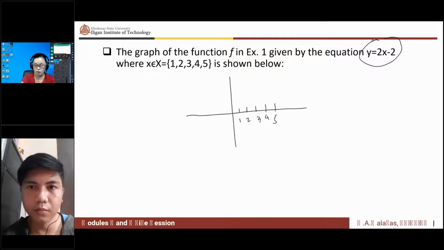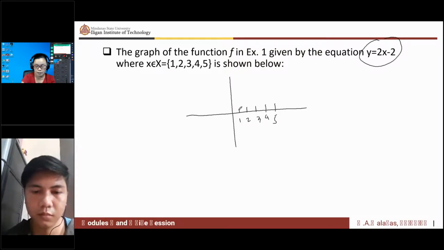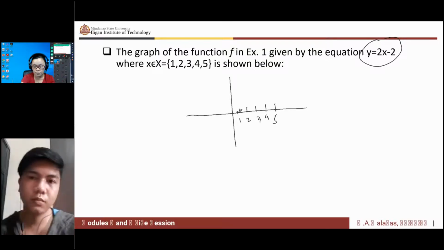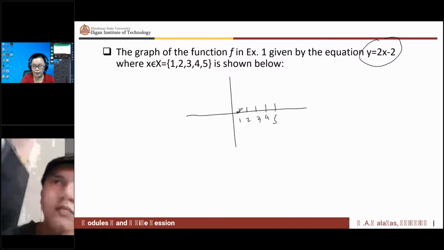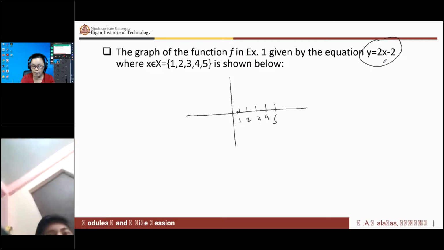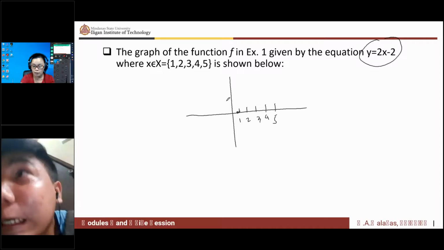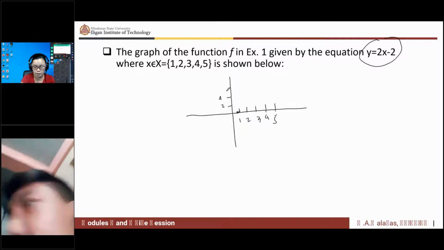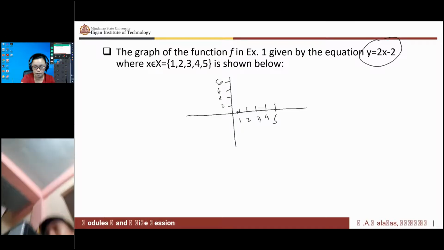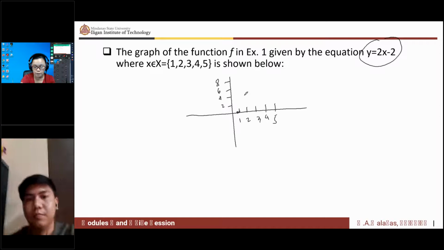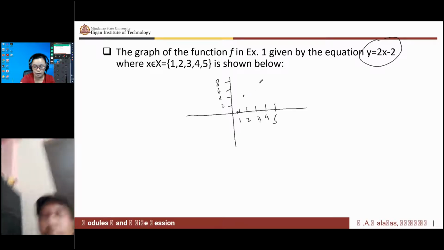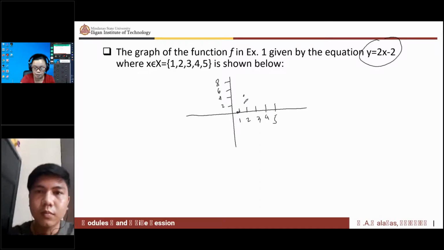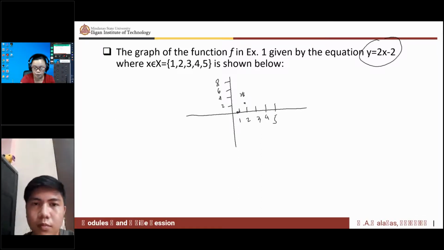So when x is 1, y is 0. So we have this point. When x is 2, y is 2. Sorry, it's here, not this one.